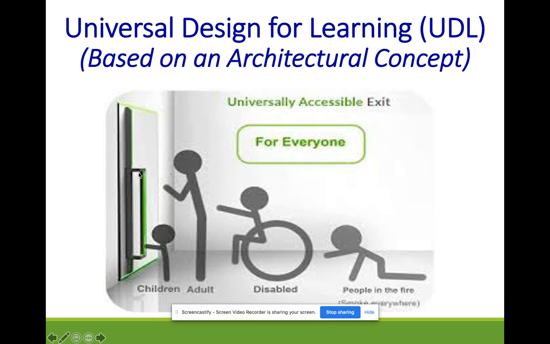Buildings are designed, you're now probably seeing longer handles, and that is the idea that everybody can access this handle, not just an adult, but a child, somebody in a wheelchair, or people in the fire. I don't know why this amuses me because it's not funny, but it says people in the fire, smoke everywhere. So even the person in the fire with the smoke everywhere can access this handle.